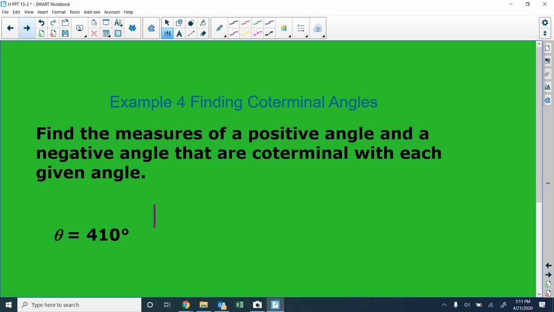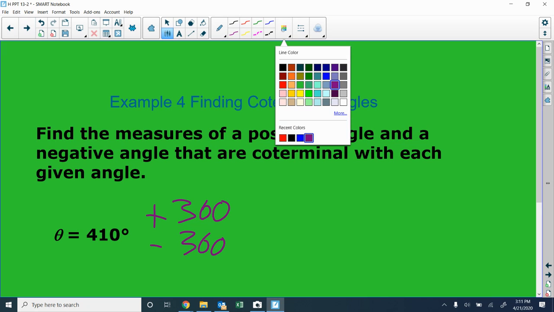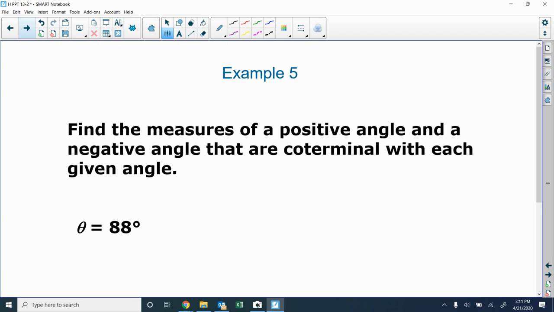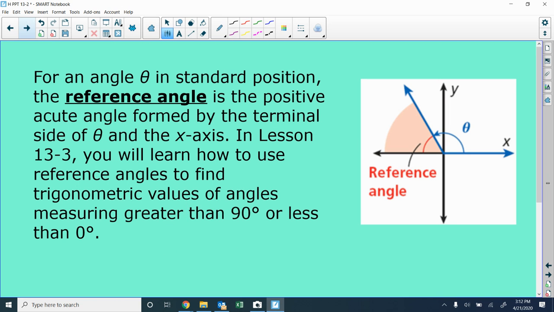So again, you're going to add 360 and subtract 360 and get your positive and negative coterminal here. Same with here. I think we're good with that. Again, for positive, add 360 and subtract 360. All right, that's getting to the easier stuff.